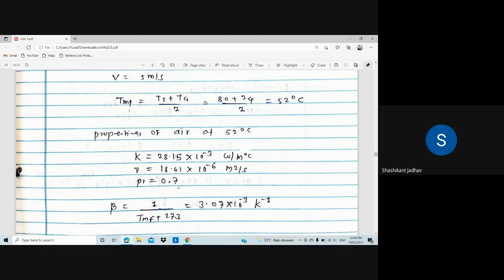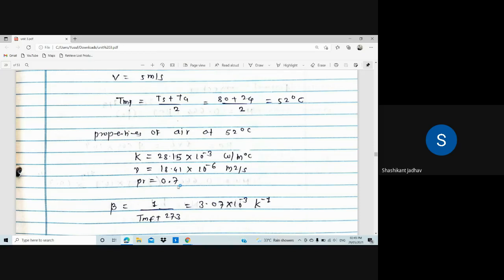So all of you write down the properties of air at 52 degrees Celsius. K is equal to 28.15 into 10 raised to minus 3 watt per meter degree Celsius.